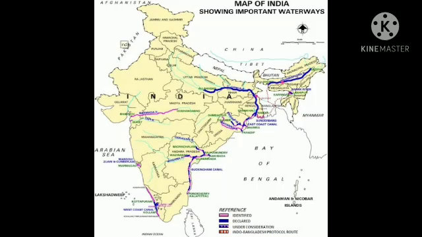Then we have national waterway number 4, specified stretches of the Godavari and Krishna rivers along with the Kakinada Puducherry stretch of canals. Then the East Coast Canal, that is national waterway number 5, Brahmani along the Matai river, deltas of the Mahanadi and Brahmani rivers. These are the major national waterways.